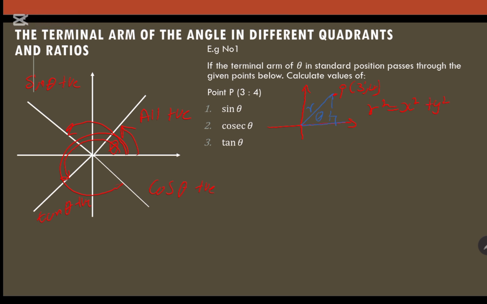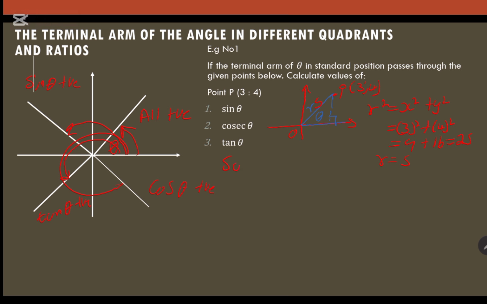Now what is r? It is our radius there, or the length of the terminal arm. So this is going to be 3 squared plus 4 squared. Now 3 squared is 9, 4 squared is 16, and that gives us 25. Therefore, r is equal to 5. Now we are able to solve all those questions.